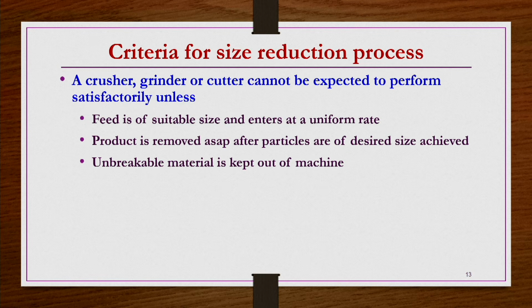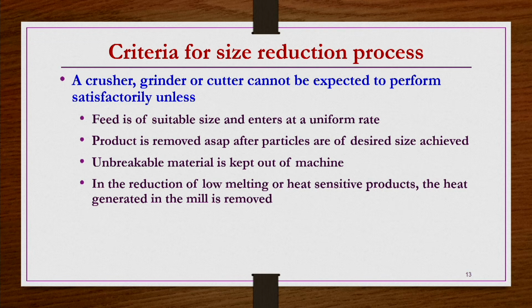Any unbreakable material must be kept out of the machine, so the feed has to be carefully checked. In the reduction of low melting or heat sensitive products, the heat generated in the mill must be removed, otherwise the product properties may change, like in colloid mills etc.